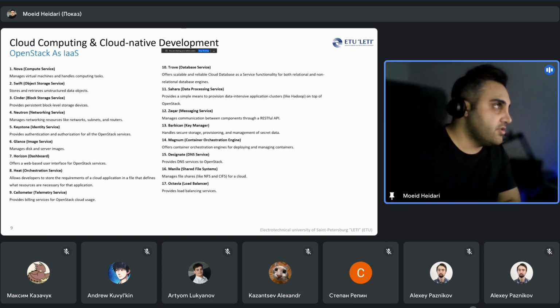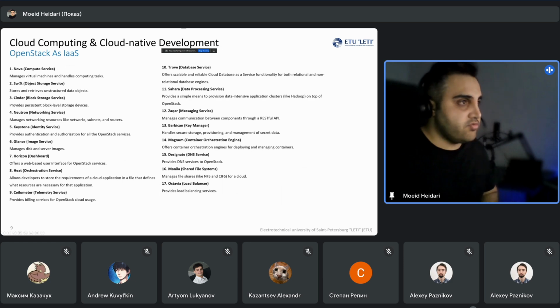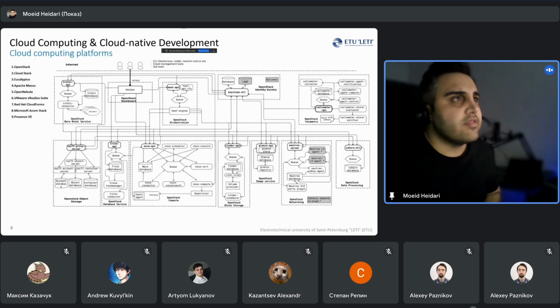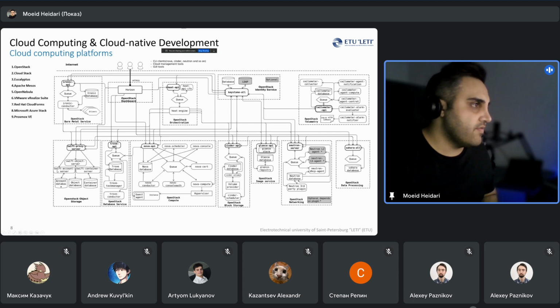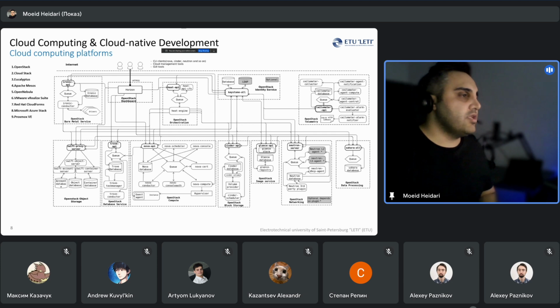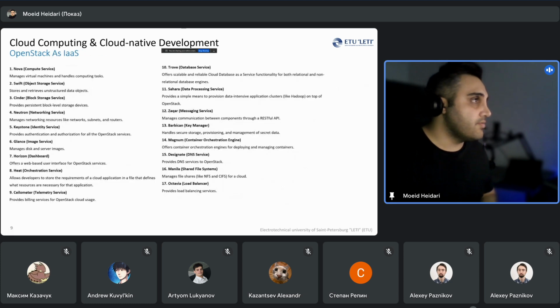So the object storage service will be provided by Swift. I don't know if in this architecture we have Swift or not yet. We have Swift here, Swift object server. So we have a proxy server for Swift, then we have account servers, different account servers, because we need to provide account servers to other modules to be able to create accounts and manage the objects on these object servers, and the container server also, of course, is a part of Swift as an object storage service.